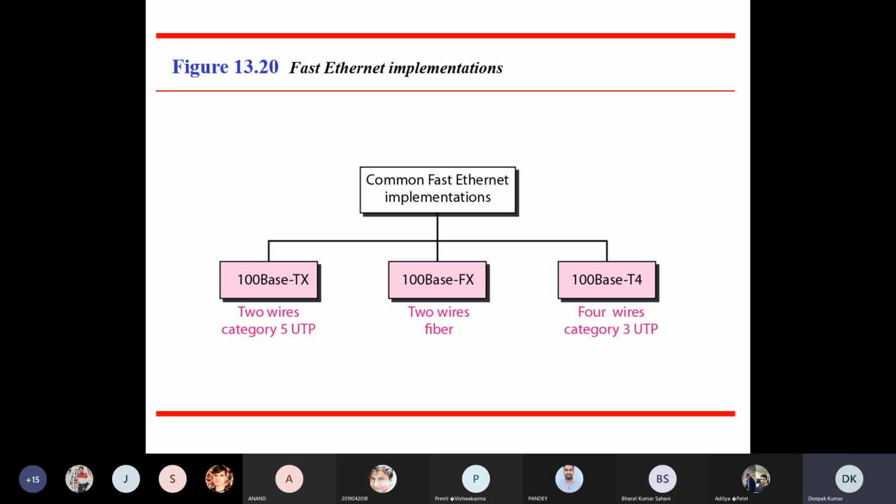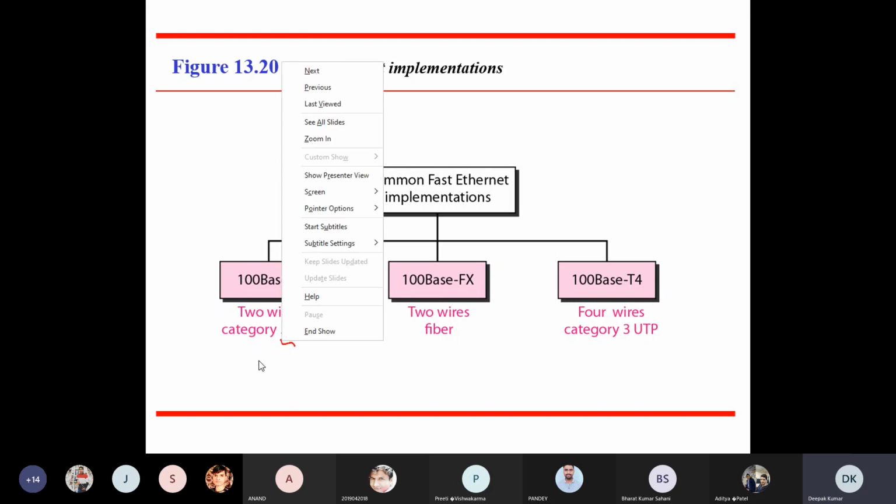And what are the Ethernet implementations? Basically, what are the media that support this 100 Mbps speed? There are three major types of implementation. This is 100 base TX, which means two wire category 5 UTP.